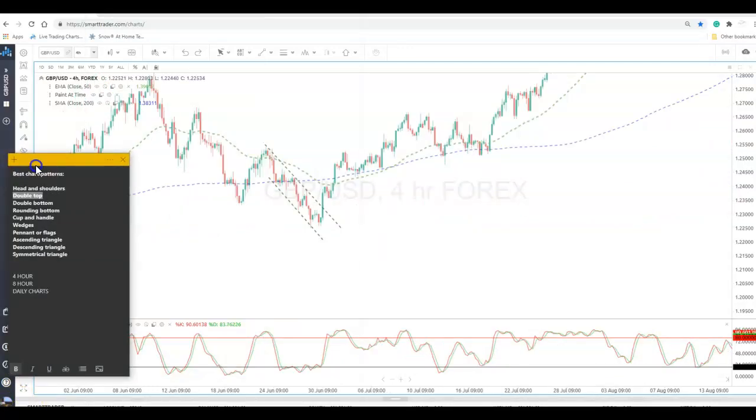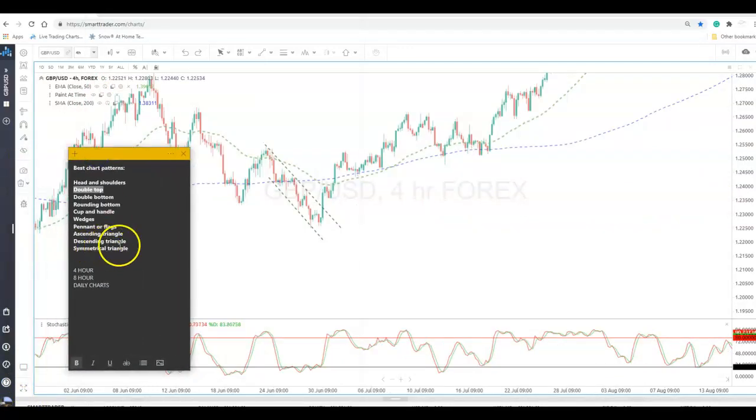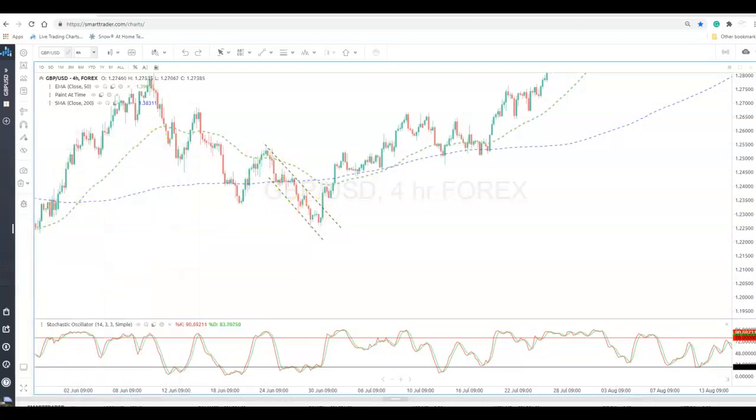Okay, we have another chart pattern called a descending wedge or a descending triangle. This is a wedge, but it's a descending wedge. Then notice price closed above the trend line. We enter a trade.